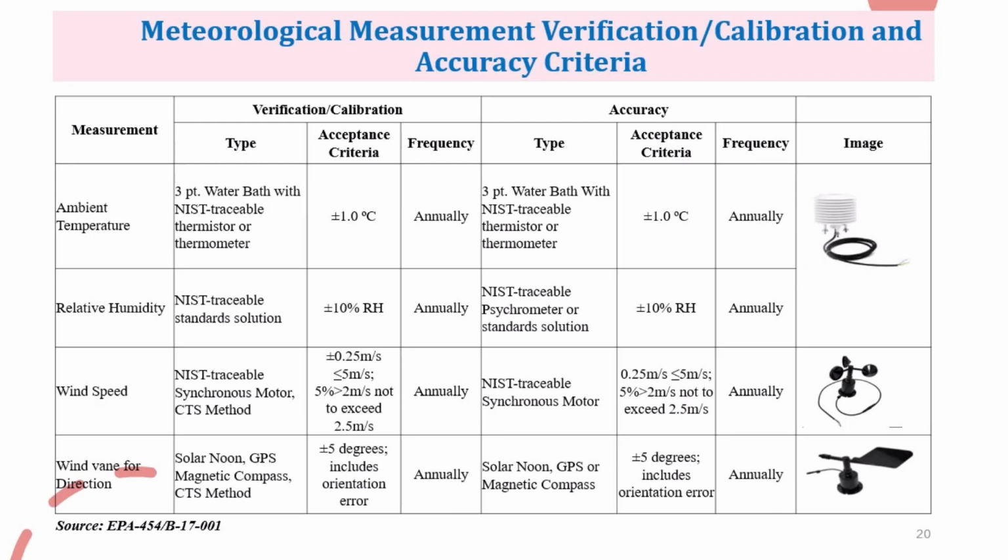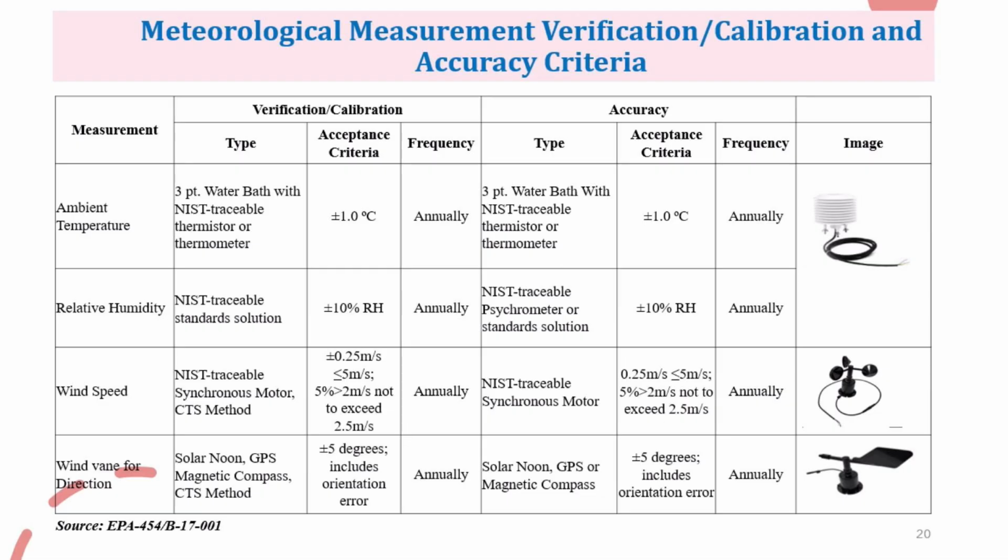This table outlines our methods for verifying and calibrating our measurements to ensure accuracy. First, for ambient temperature, we will use a 3-point water bath to calibrate with an acceptance of 1 degree, checking annually. Second, relative humidity will be calibrated with NIST traceable standards, ensuring an accuracy of 10% RH, also verified yearly.